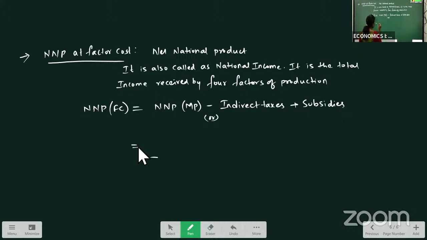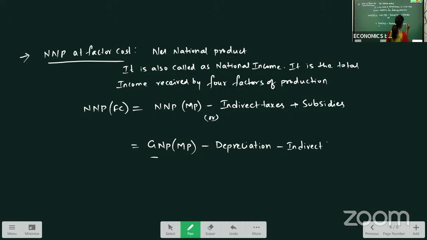It is equal to GNP at market price, calculating directly from the GNP, minus depreciation minus indirect taxes plus subsidies.